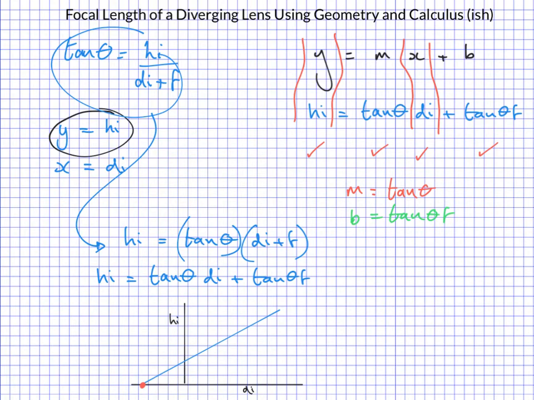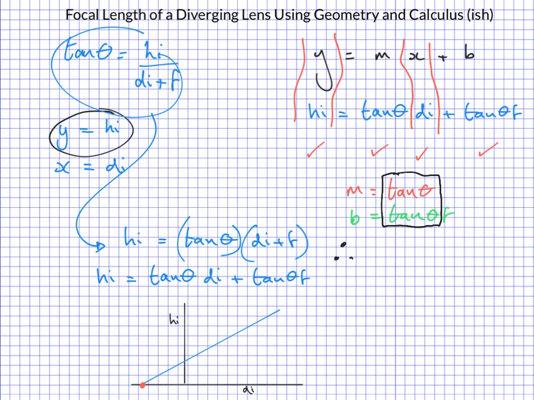And this is where we do some equivalencies, because we're basically saying now that slope is equal to tan theta and the y-intercept is tan theta f. Well, check this out. If the slope is equal to tan theta, then these statements are interchangeable.